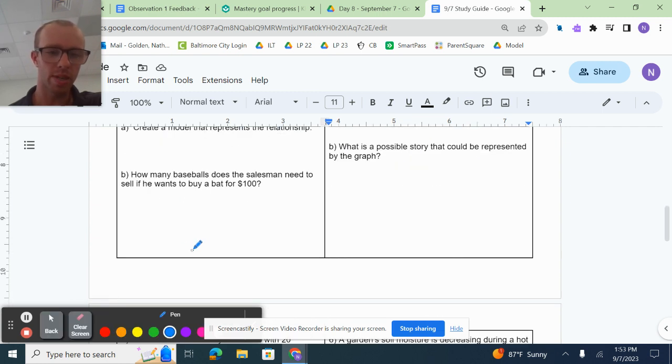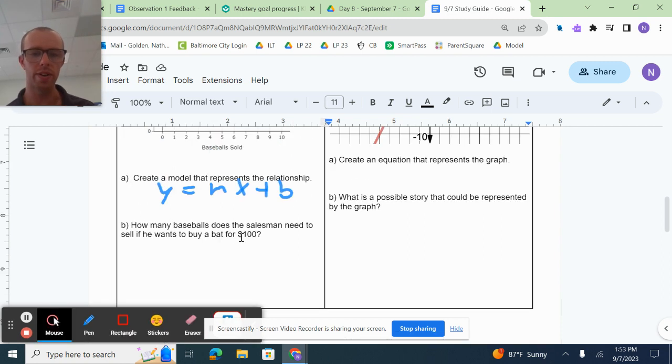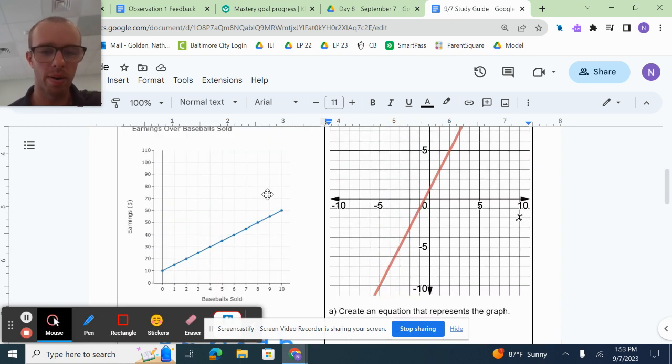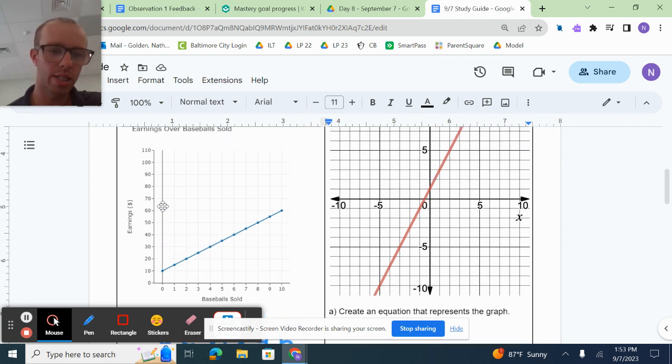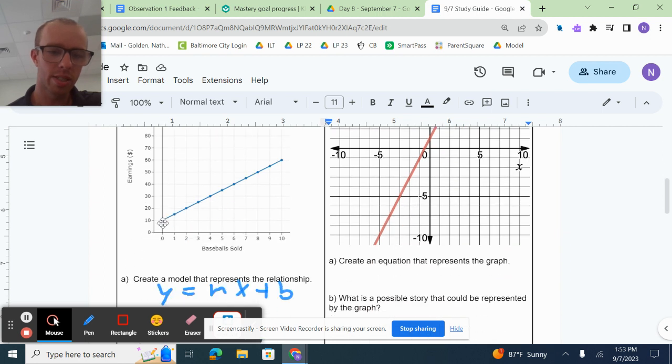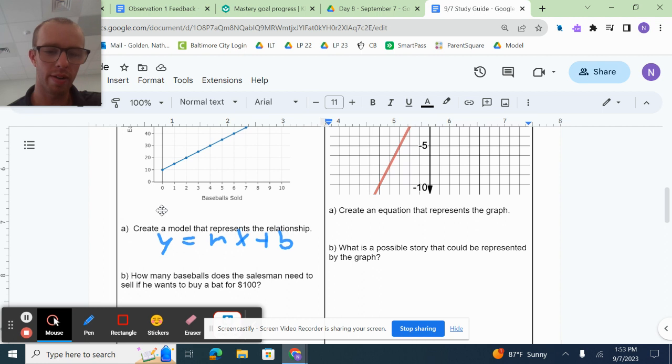And so I'm going to use the equation y equals mx plus b. And from here, it's just about filling this in so that I have the parts in the right place. And so the b is where we begin. And so you can see that this salesman starts at $10. When they've sold 0 baseballs, they still have $10 in earnings.